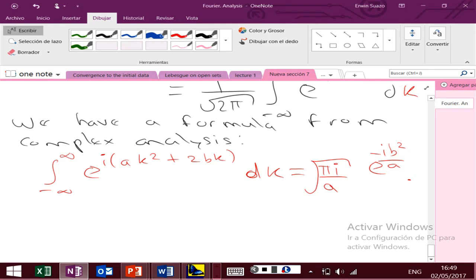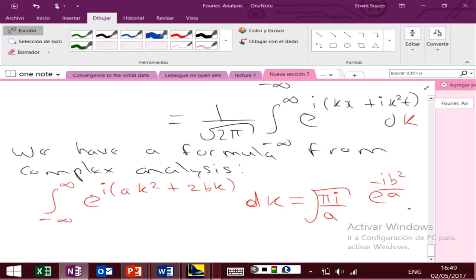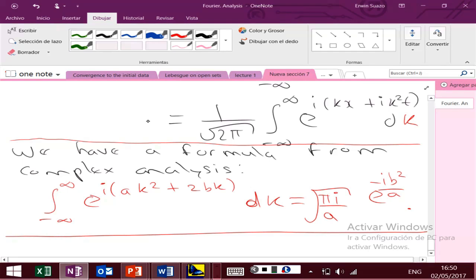Now we can use it here. We want to solve this integral using this formula.